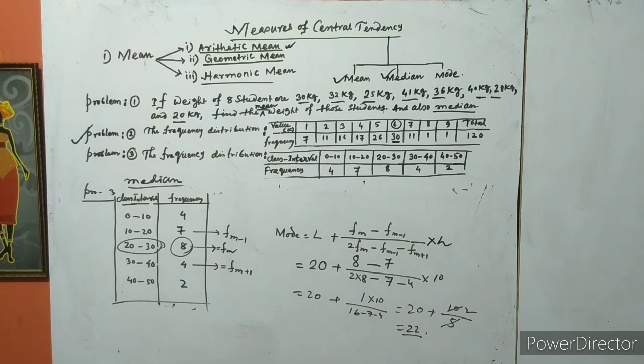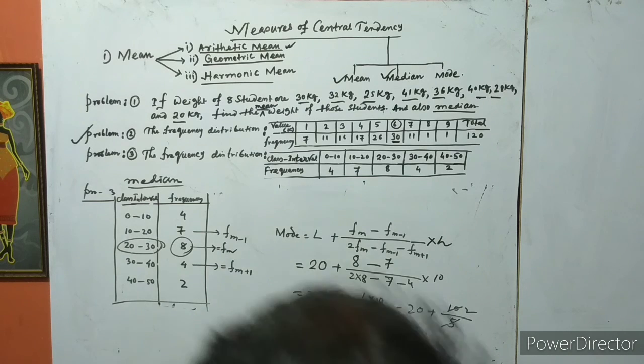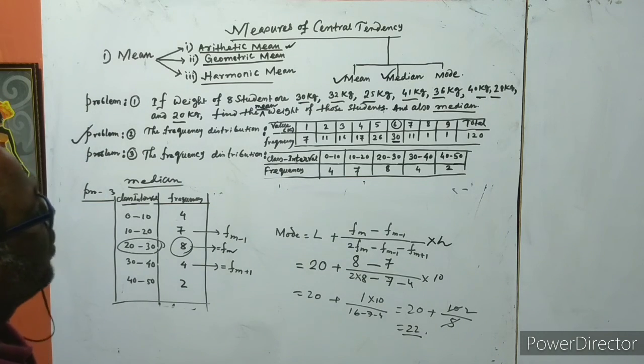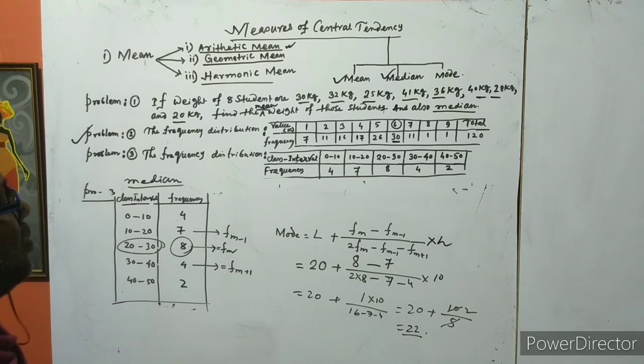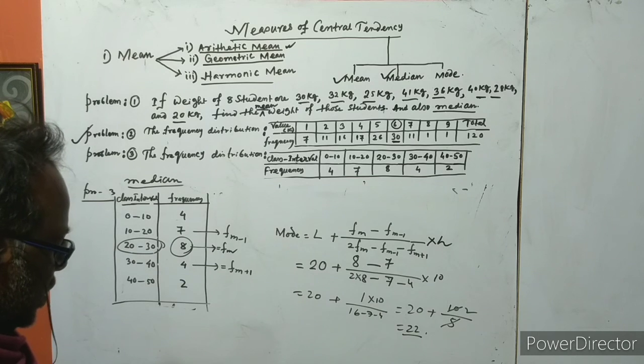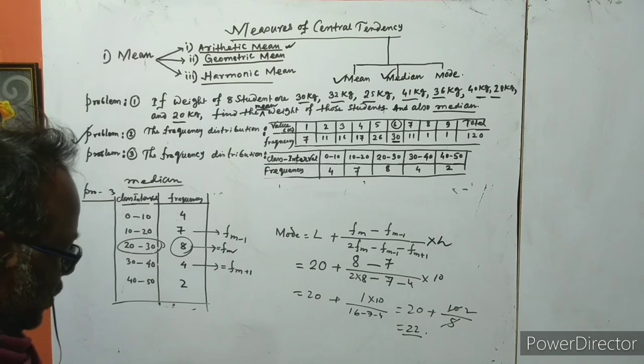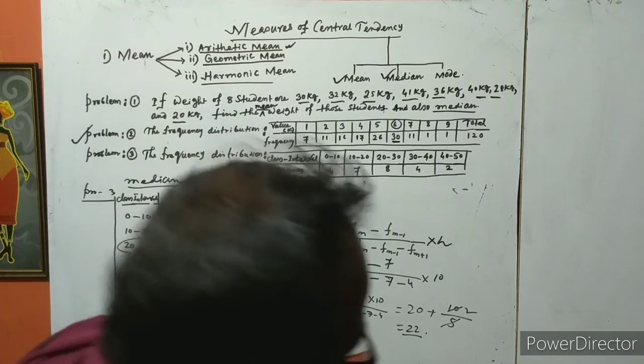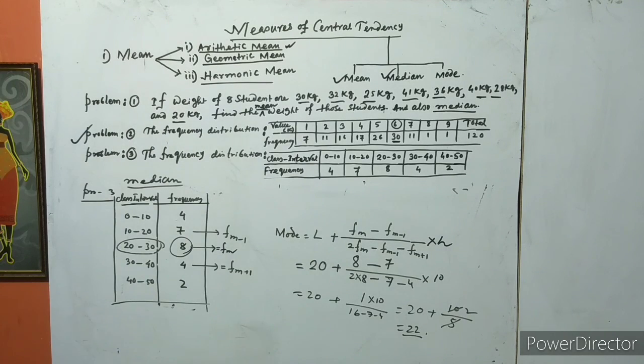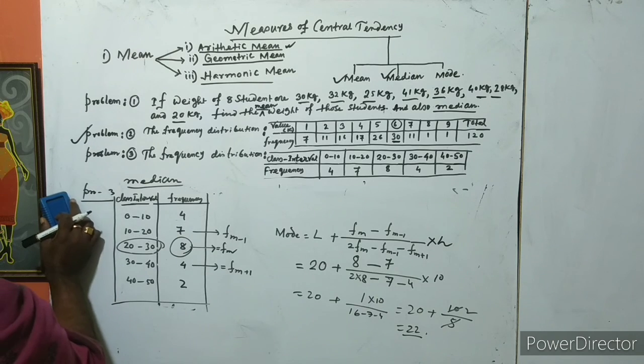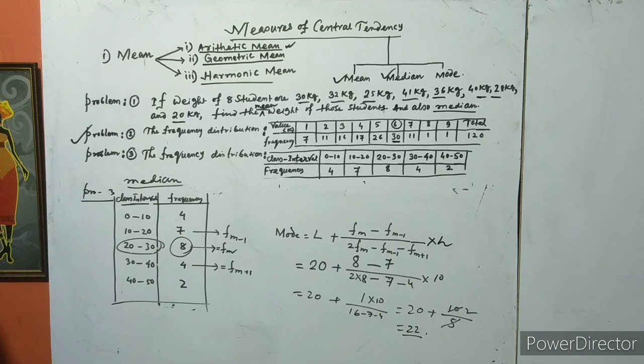Again I repeat the formula: Fm minus Fm minus 1 by 2 into Fm minus Fm minus 1 minus Fm plus 1, into H. The formula is right. This is the calculation table for mode. See carefully.